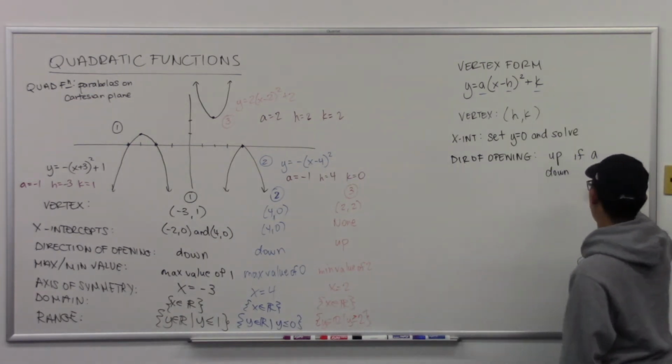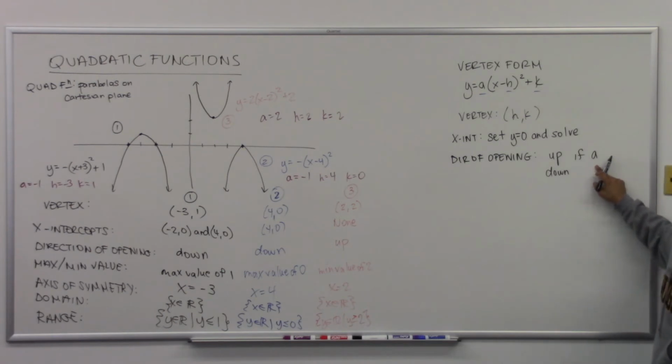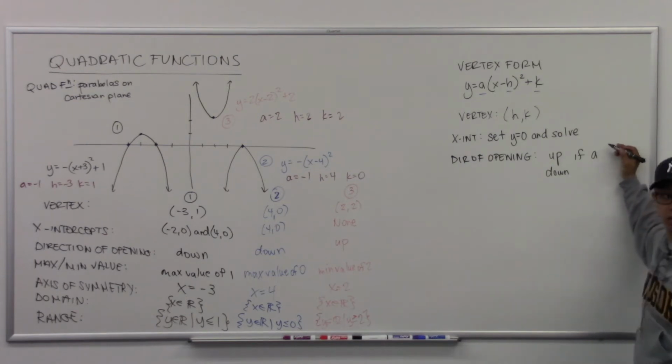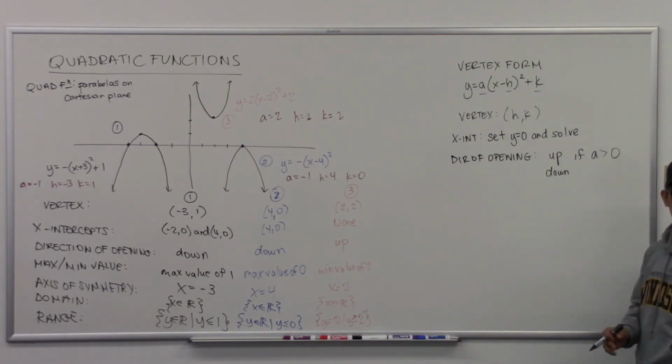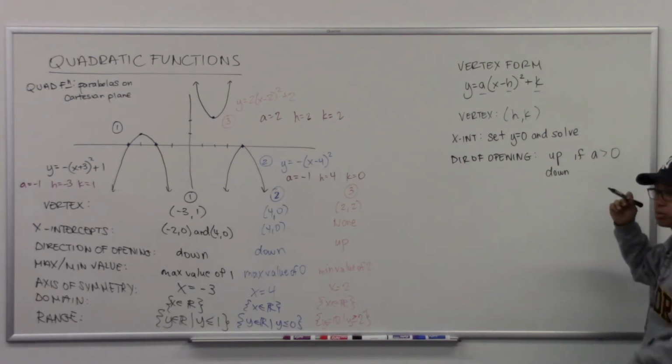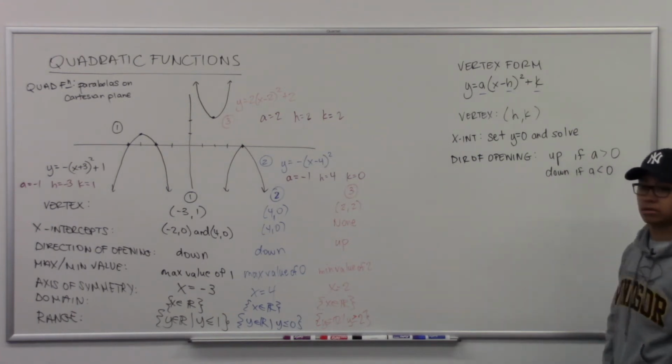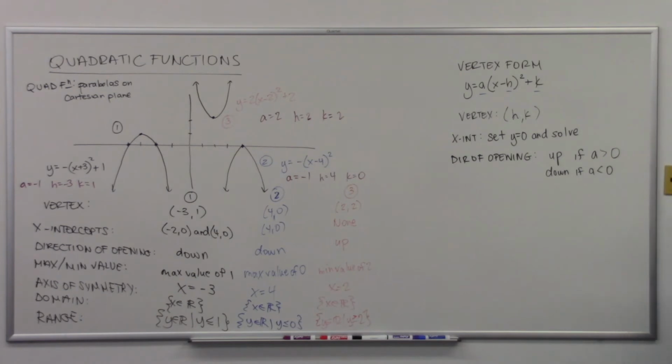Jules, if A is? Right. So it's up if A is positive, which we say in math is greater than 0, because bigger than 0 means you're positive. And down if A is negative. So if A is less than 0.